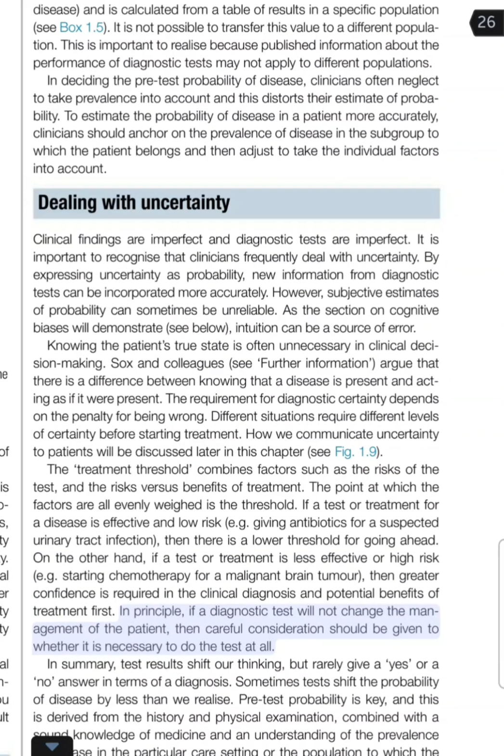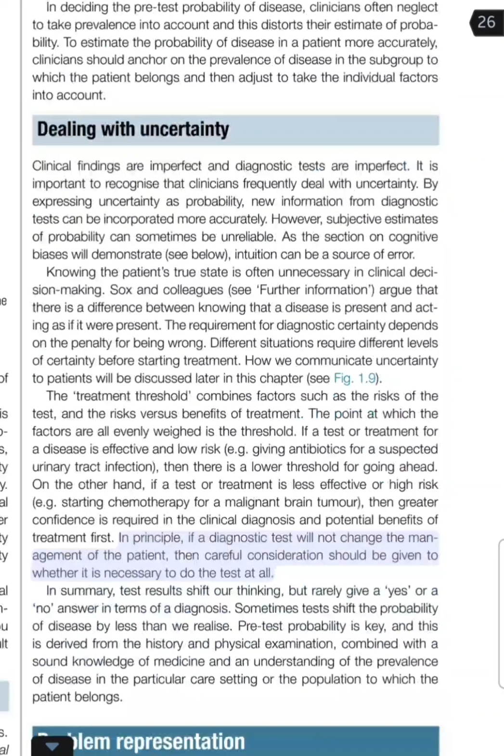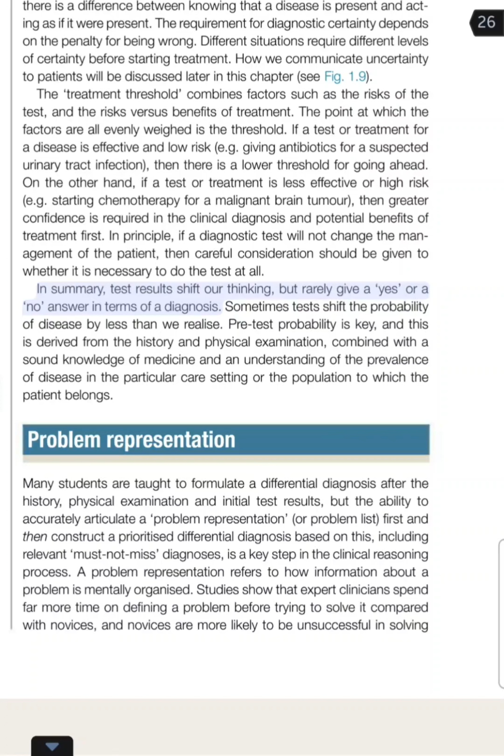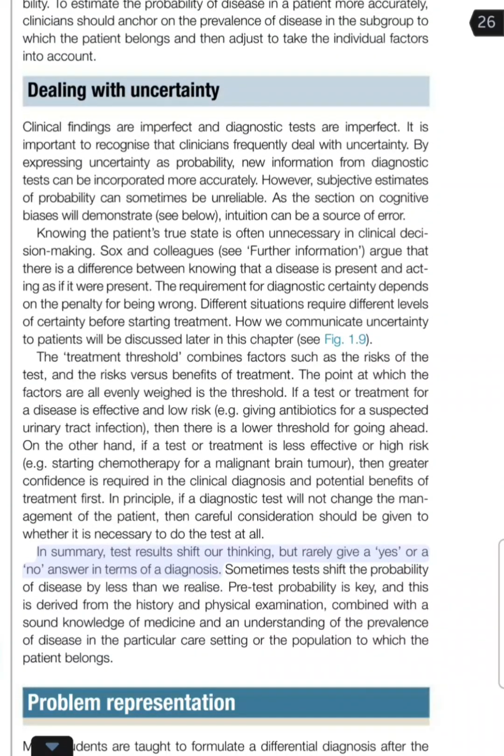In principle, if a diagnostic test will not change the management of the patient, then careful consideration should be given to whether it is necessary to do the test at all. In summary, test results shift our thinking, but rarely give a yes or a no answer in terms of a diagnosis.